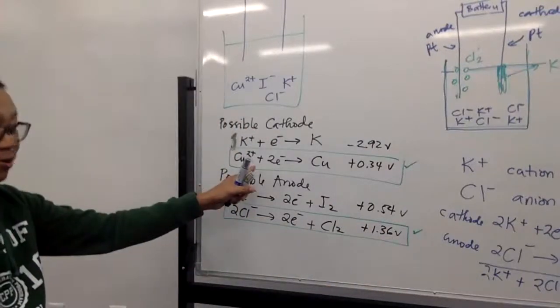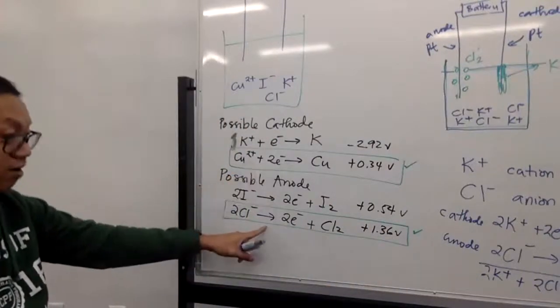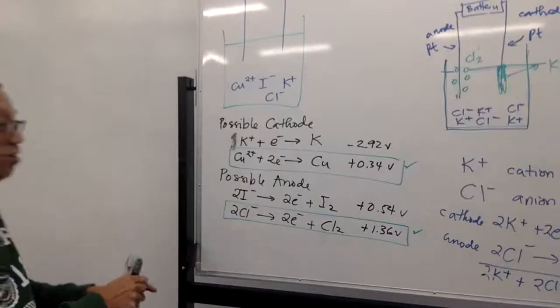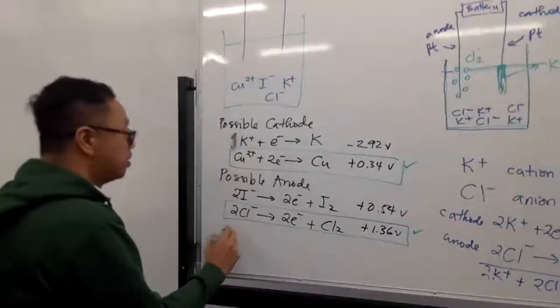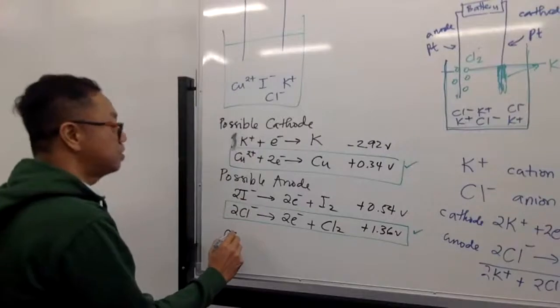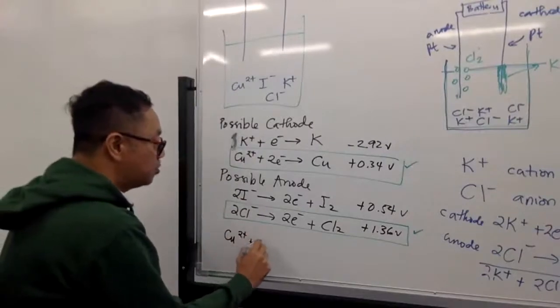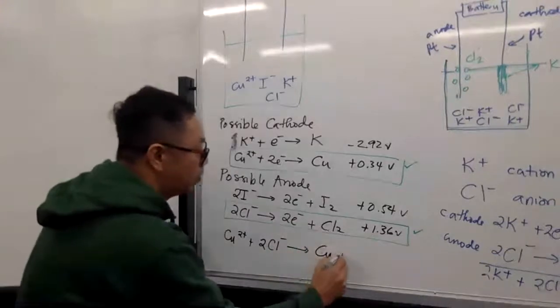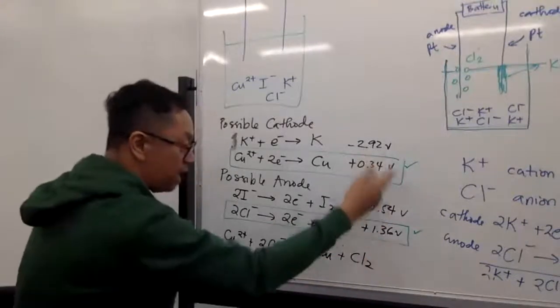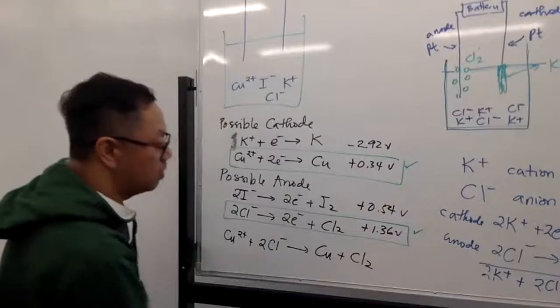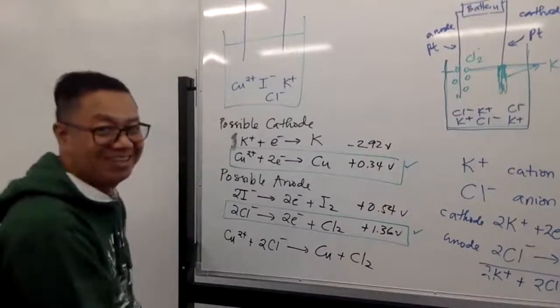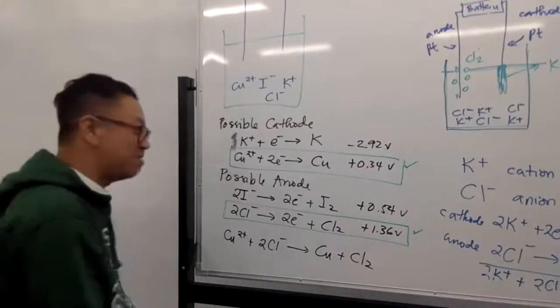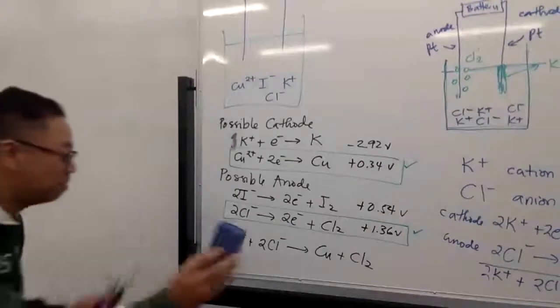So this is our cathode, and this is now our anode. So the overall reaction would be copper 2 plus and 2 chloride giving copper plus Cl2. Sorry, guys, my bad, I have a problem.